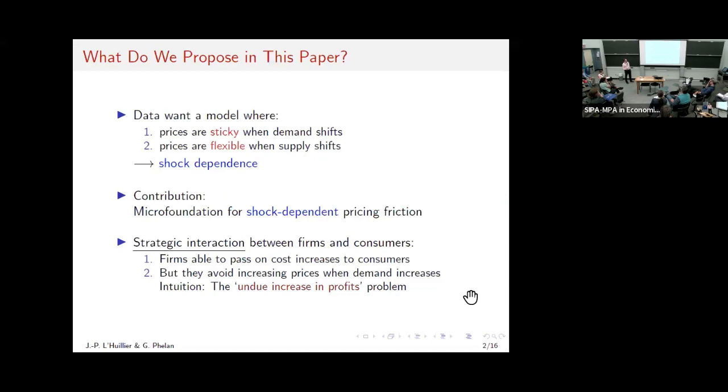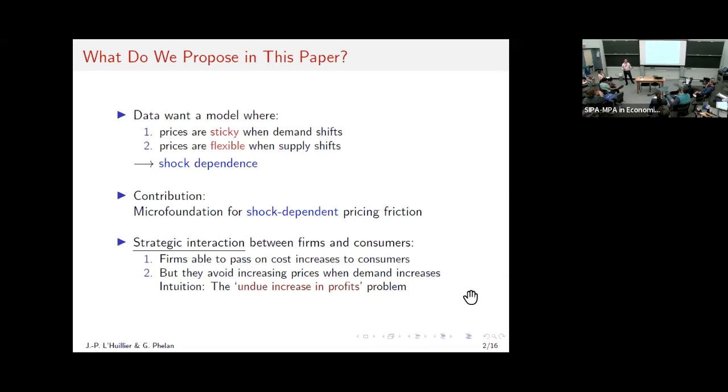So what are we going to propose in this paper? In the data, there's evidence that the data wants a model that has two features. Number one, prices are sticky when demand shifts, but at the same time, prices are flexible when supply shifts. In other words, the data speaks in favor of an idea of shock dependence in the reaction of the price level, in the reaction of prices.